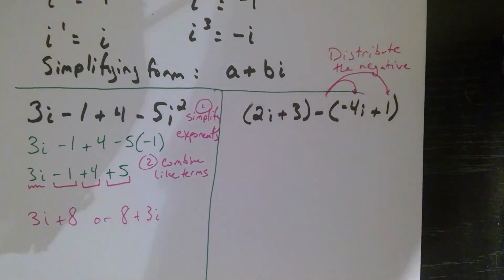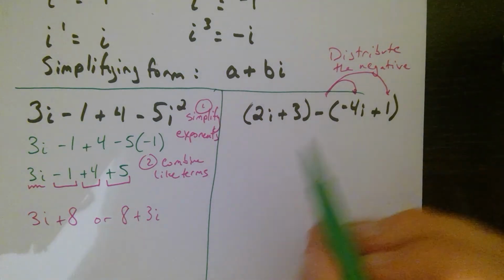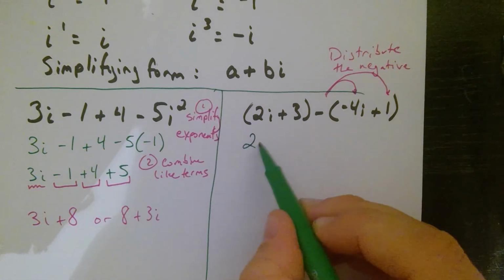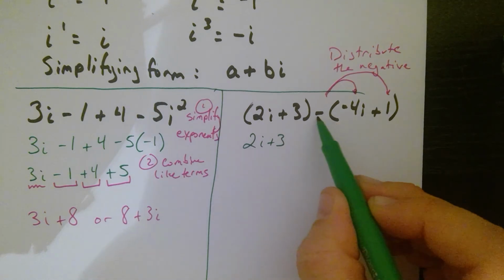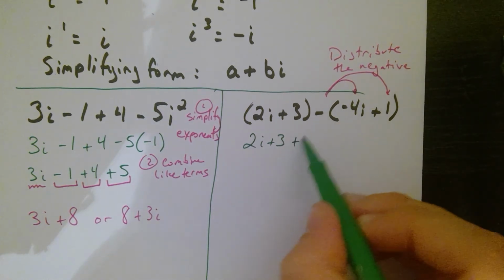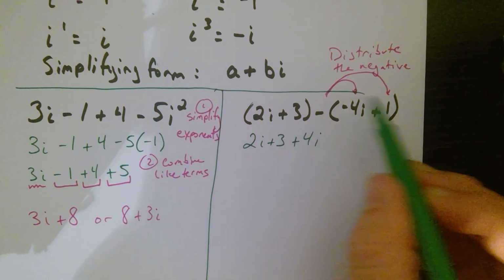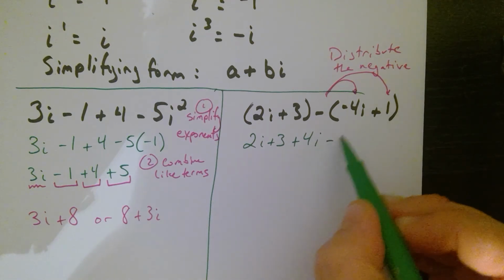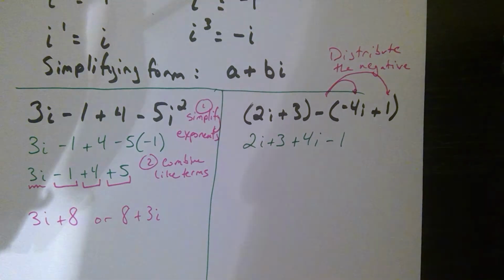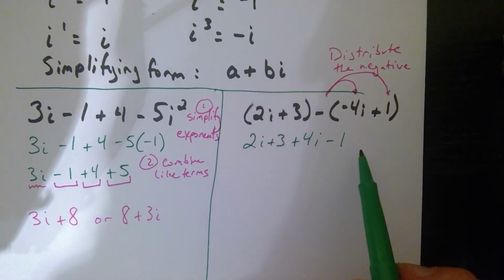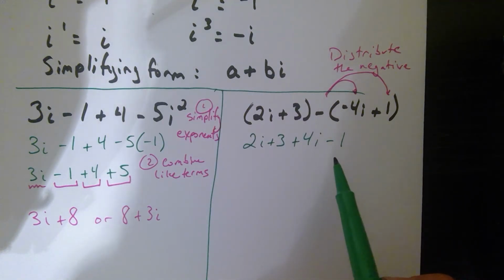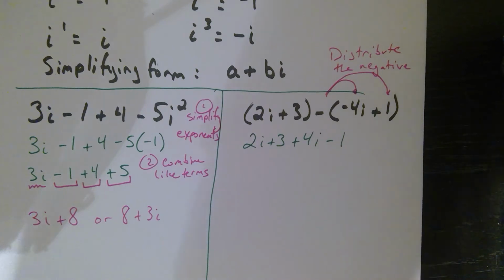So let's go ahead and I'm going to use green for my problem before we get to the answer, like on the other one. So 2i plus 3 minus -4i gives us plus 4i, minus +1 gives us -1. Now let's check our exponents. No exponents, no exponents. There are no exponents. We're good to go. So let's look at our like terms.